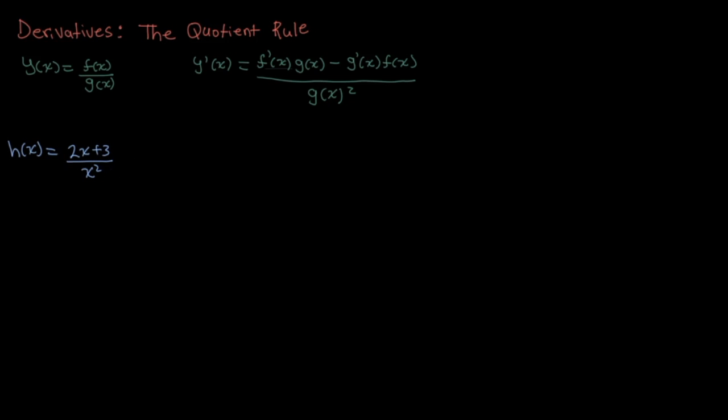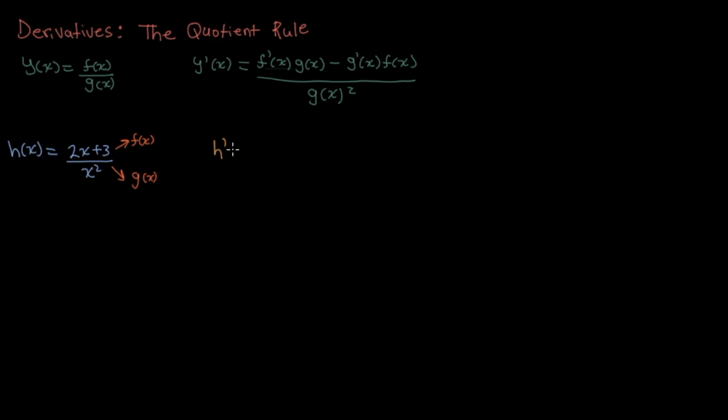As we can see here, let's call this f at x, and let's call this g at x. Then we can evaluate this derivative using the quotient rule. You would use the quotient rule to evaluate a derivative if it takes this form, if there's a numerator and a denominator. So let's go ahead and evaluate that.